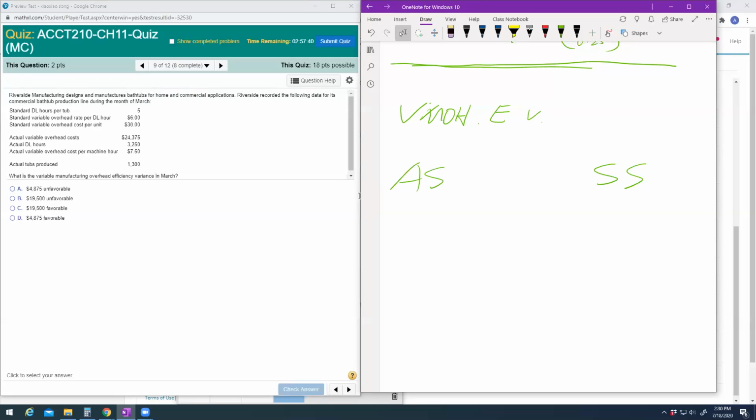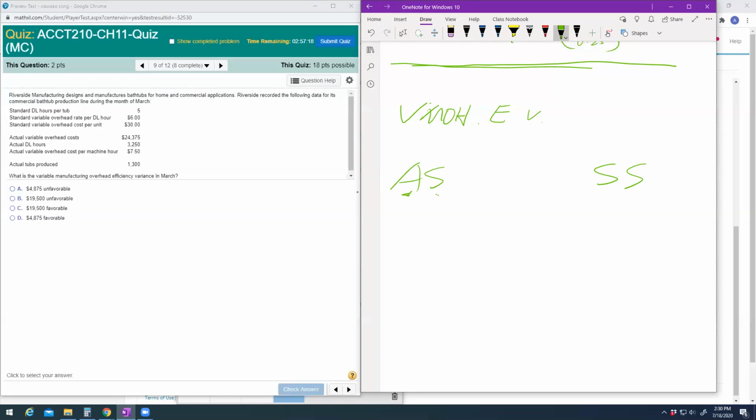Standard direct labor hour, standard variable overhead. So it's based on things you allocate based on direct labor hour. Our allocation is based on direct labor hour. We need to find the actual and the standard. Actual cost, we don't worry.